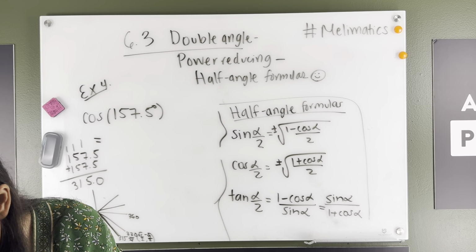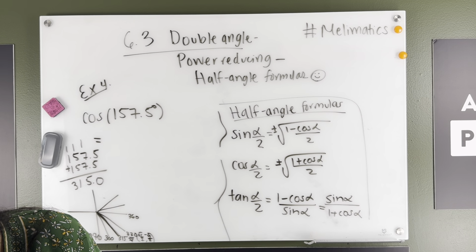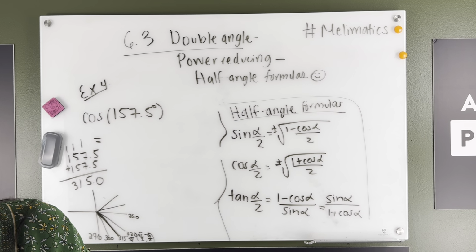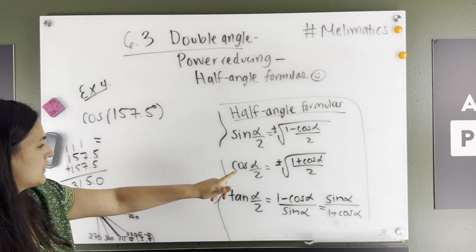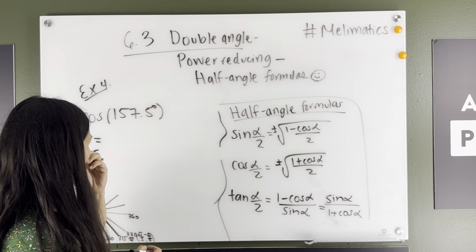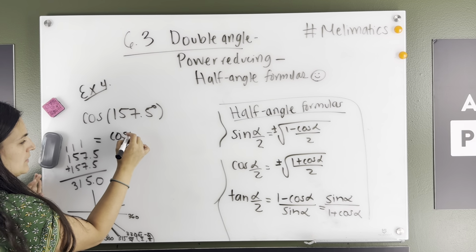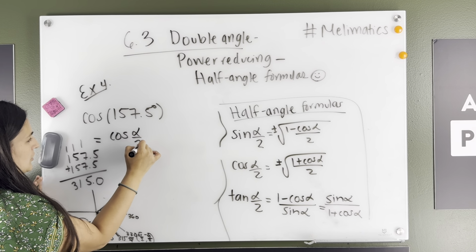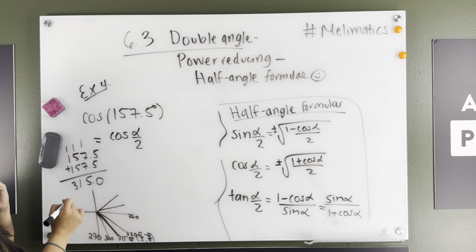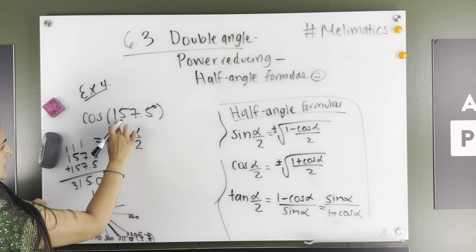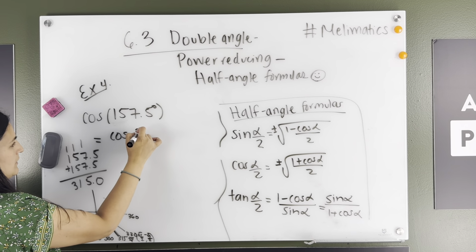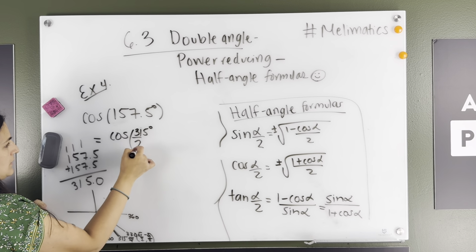Okay, so now they want us, can you solve for cosine of theta? Yes, of course. So we're going to use this one right here. Okay, so this is going to be the half angle formula. So it's going to be cosine of theta over 2, where theta is 315 degrees. Okay, so these are equivalent.